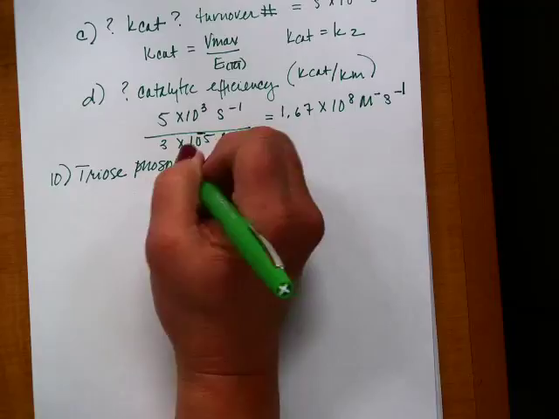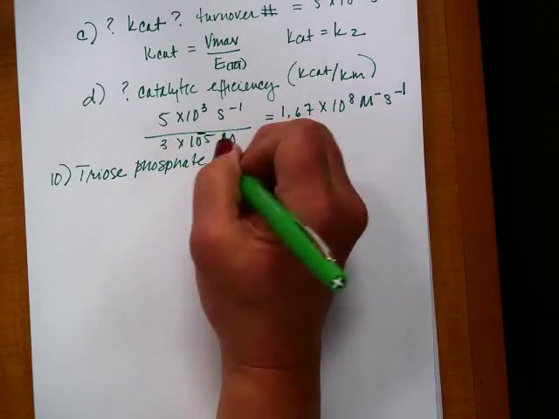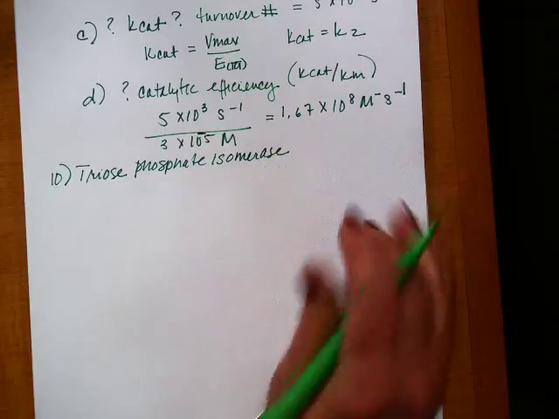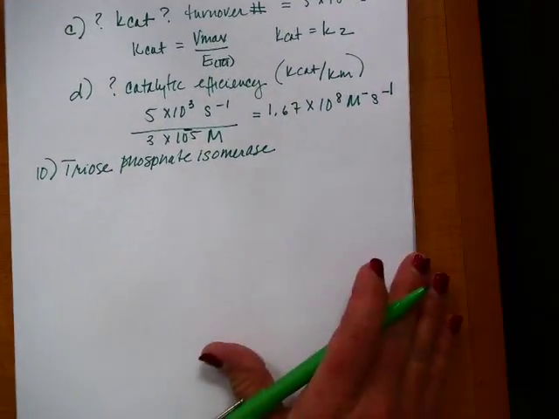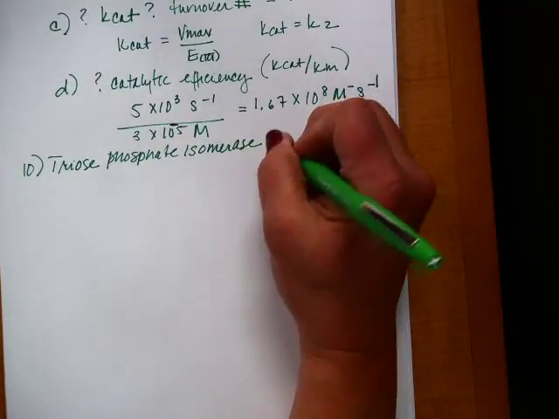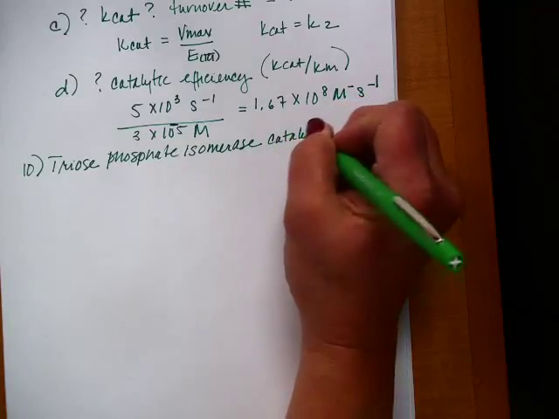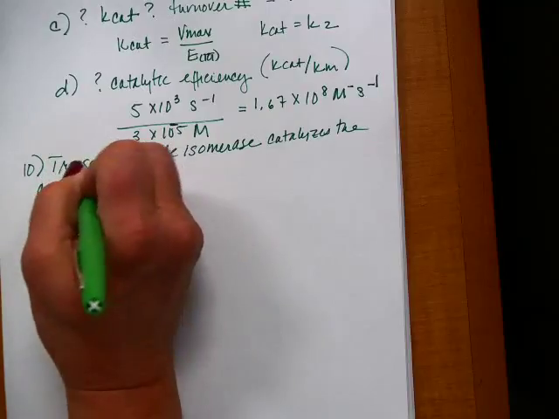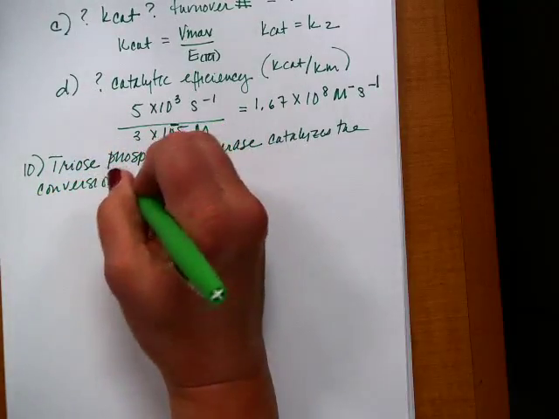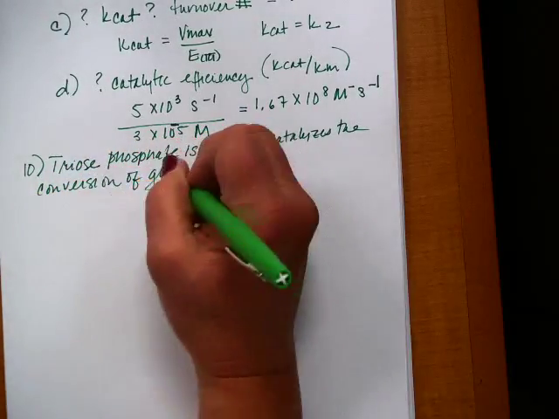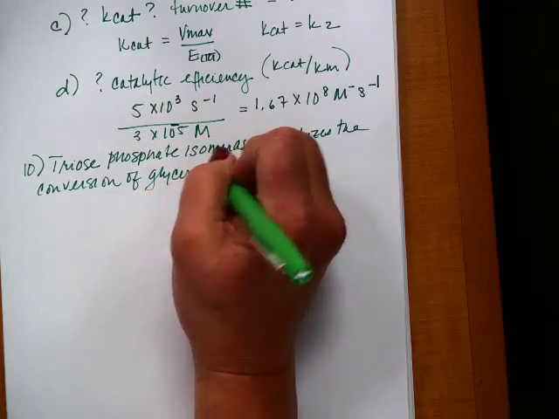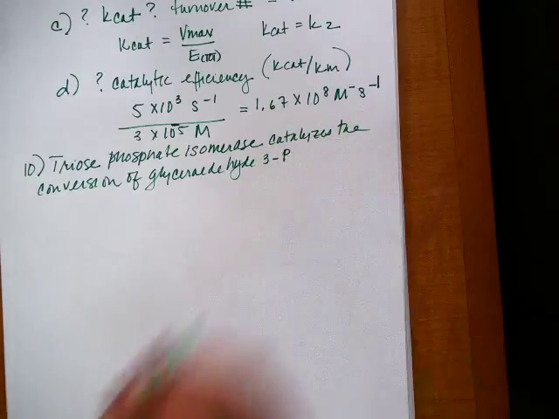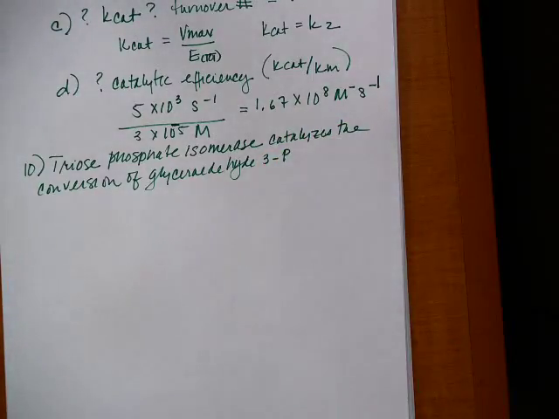This is one of the glycolytic pathway enzymes, triose phosphate isomerase, and this catalyzes the conversion of glyceraldehyde 3-phosphate, and I'm just going to shorten that to GAP.